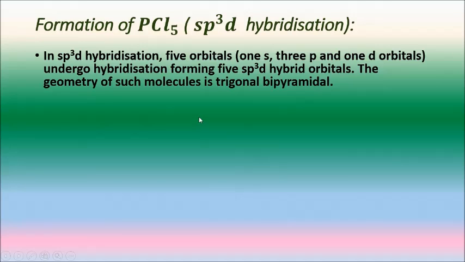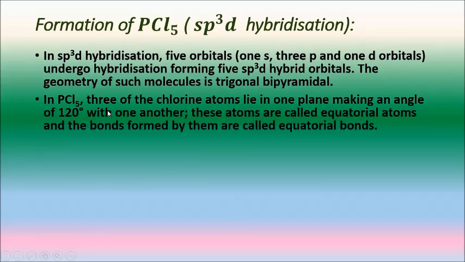And this type of molecule has a trigonal bipyramidal geometry. In PCl5, phosphorus is the central atom. Phosphorus has atomic number 15 and chlorine has atomic number 17.